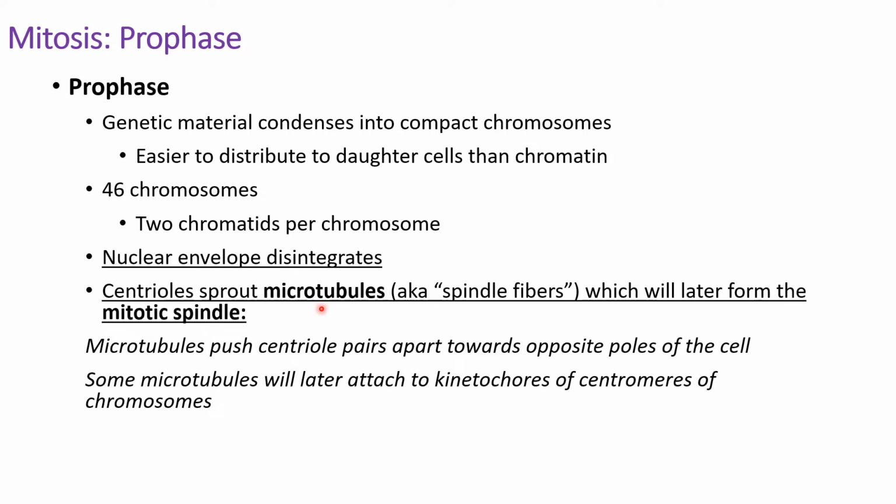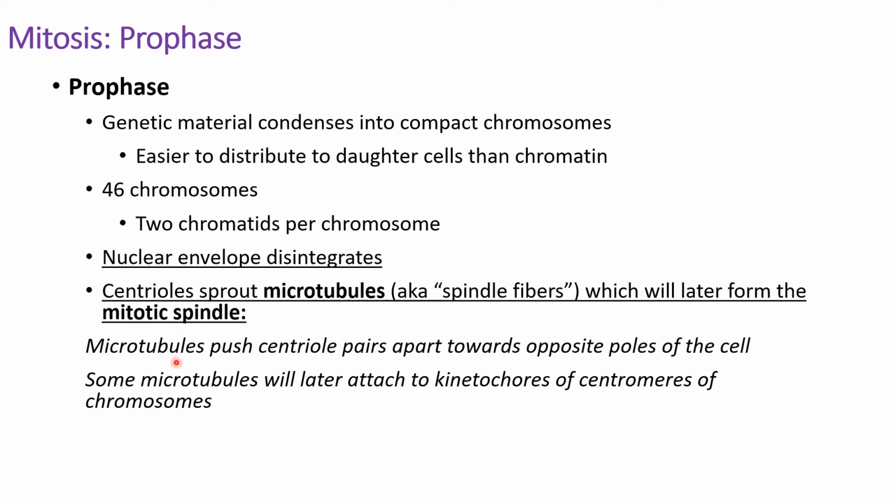Microtubules play a very important role in mitosis. Sometimes you might see these microtubules referred to as spindle fibers. I'll probably not call them that. I will call them microtubules or the mitotic spindle, because these centrioles sprout microtubules, and then the microtubules will end up forming a more complex structure called the mitotic spindle.